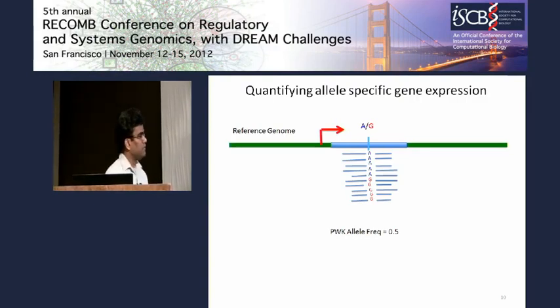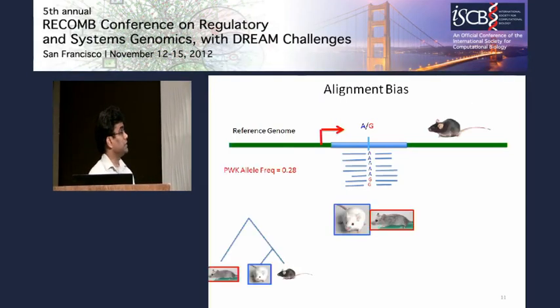But the biggest problem with this approach is the alignment bias. Since the common reference genome available is Black 6, and we are looking at F1 hybrid mice from NOD and PWK, if you look at the phylogenetic relationship, NOD is another inbred strain like B6, which is very close to it, while PWK is a wild-derived inbred strain, which is very far from both NOD and B6.